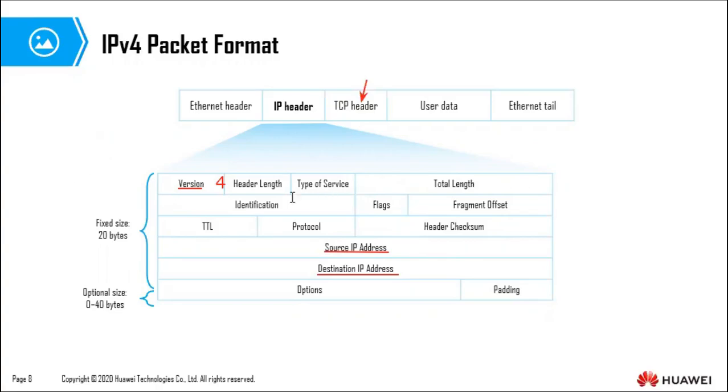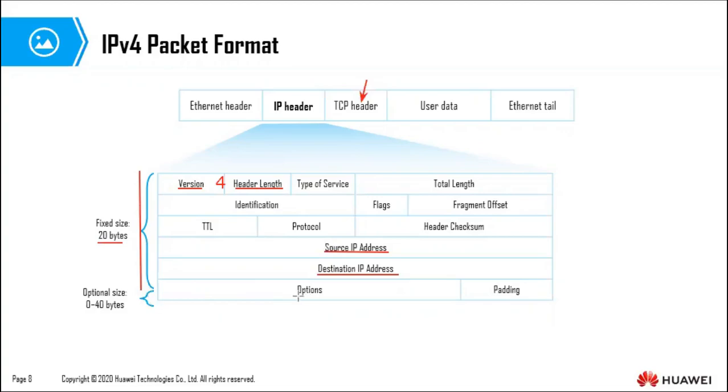Other than that, we also have the header length. The header length indicates the size of the IP header. Normally, all these fields in the first part will total a maximum of 20 bytes.